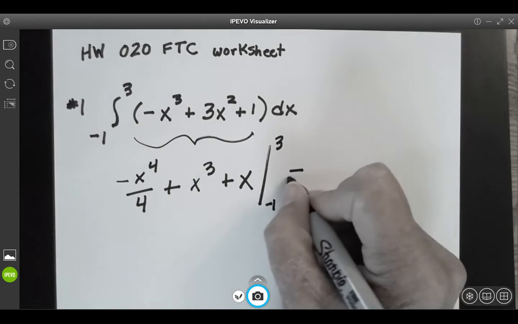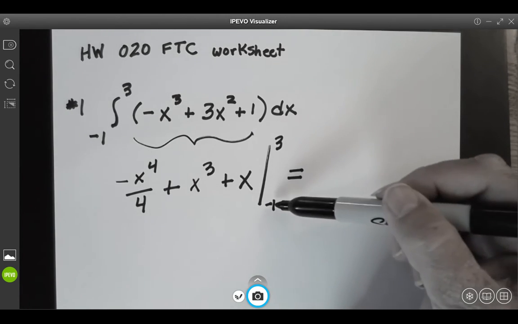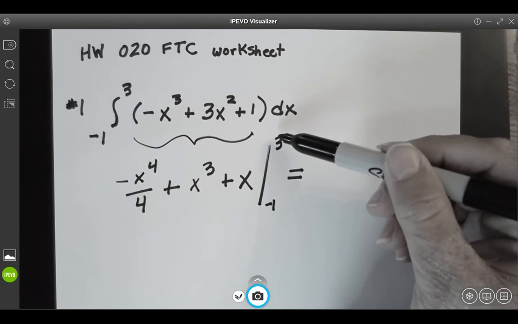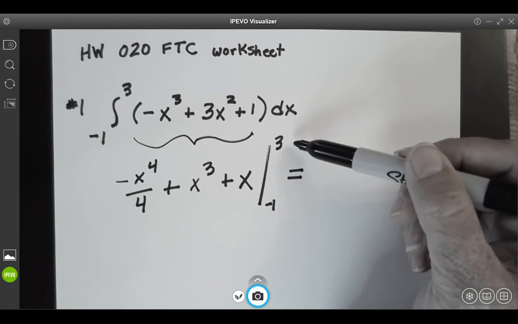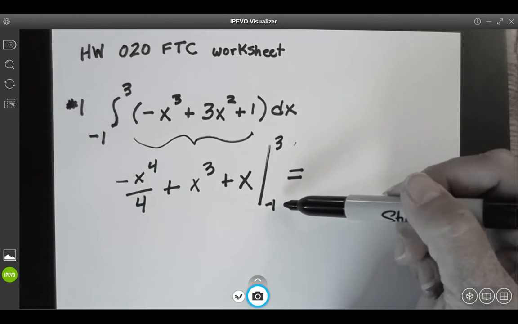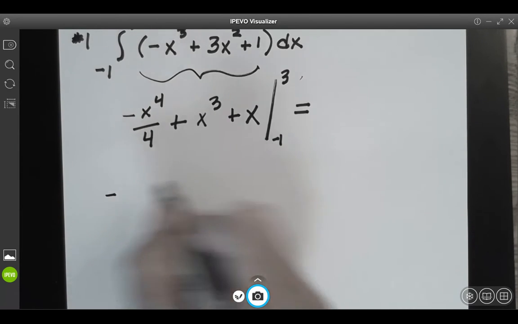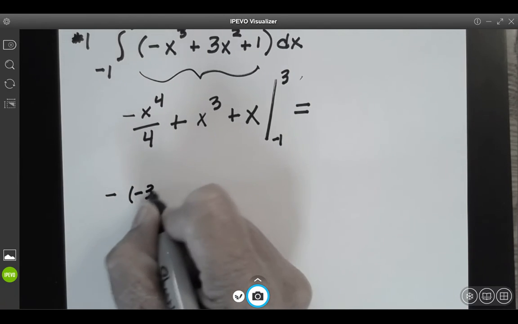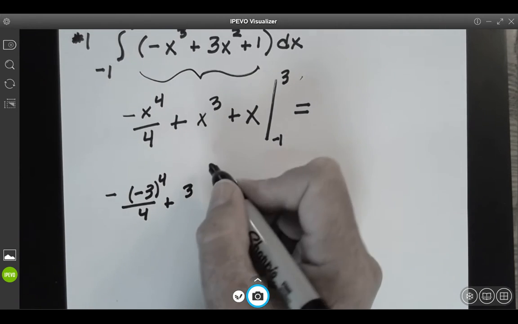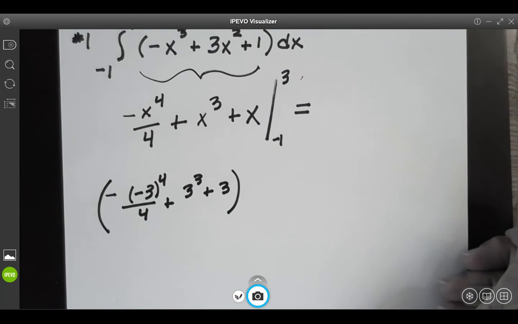And then the fundamental theorem of calculus says, once we have that antiderivative, we're going to evaluate it from -1 to 3. We're going to plug the 3 into our antiderivative, minus, and then plug in the -1. So first, negative 3 to the 4th over 4 plus 3 to the 3rd plus 3. I'm going to keep that in parentheses just to keep that all straight.